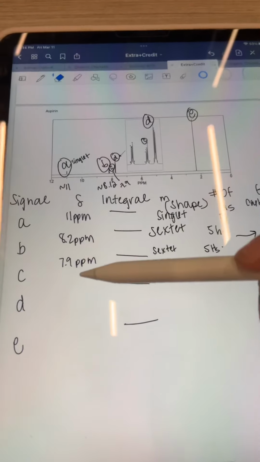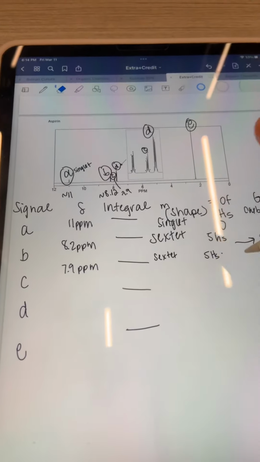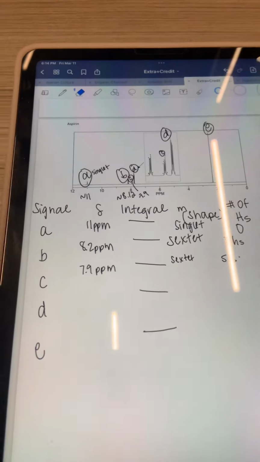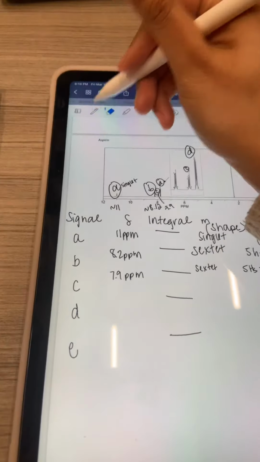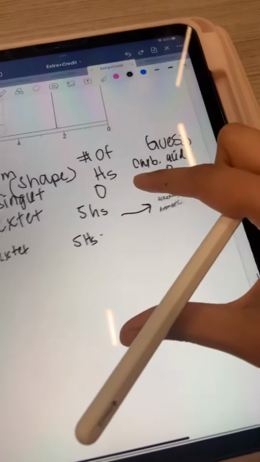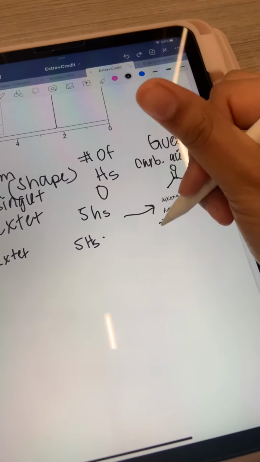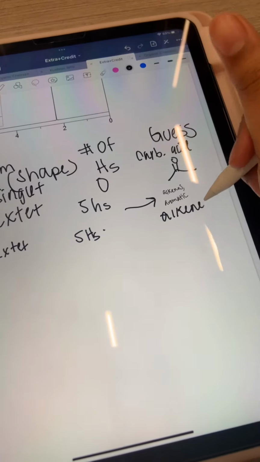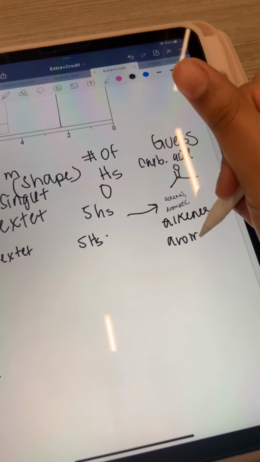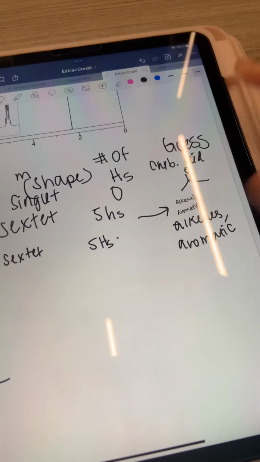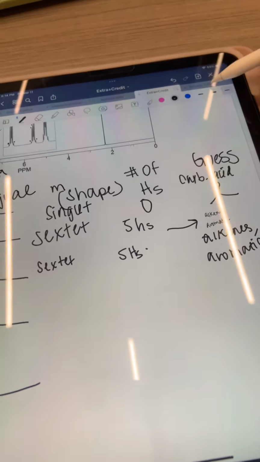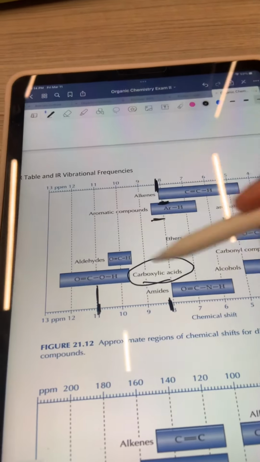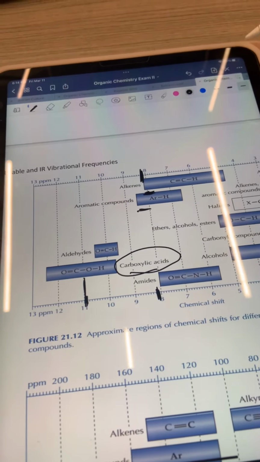And because 7.9 is so close to 8.2, we're going to go ahead and say that it's going to be for alkenes or aromatic, because they're so close and we don't have to go back to look at the table. But just in case you did want to, here's the table, and it's around the same area, as you can see.